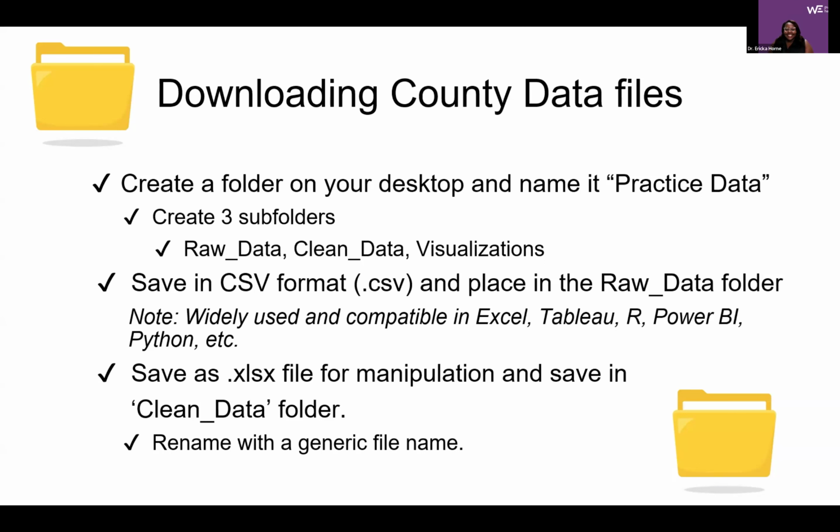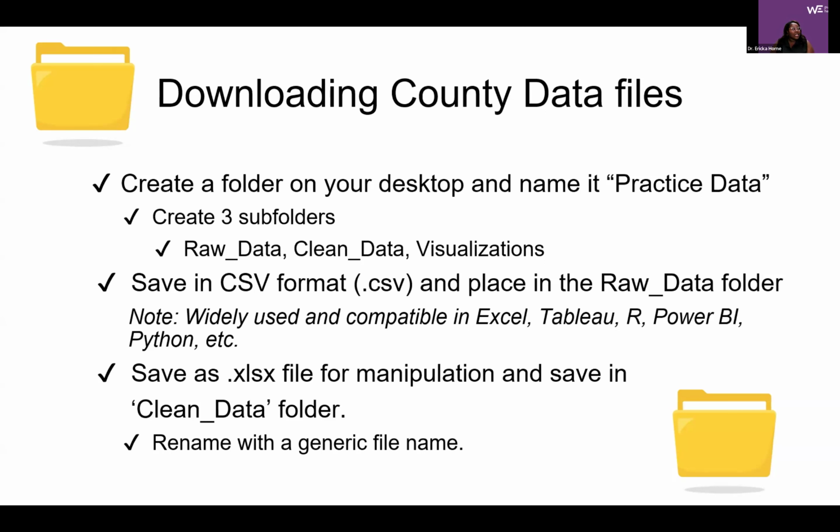Yes. All right, so once everyone has their CSV file open, and it may take a little while to open, I do recognize it is a large file. The first thing we're going to do is we're going to save this file, the raw data file, into the raw data folder as a CSV file.